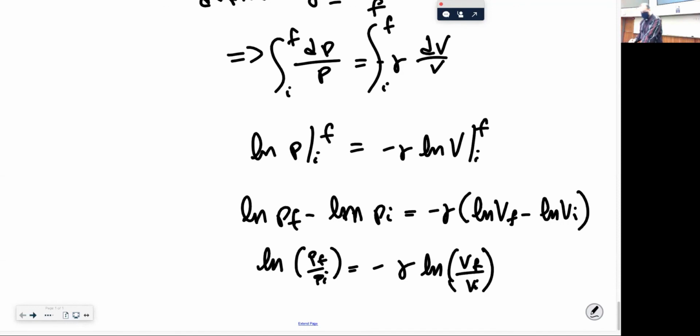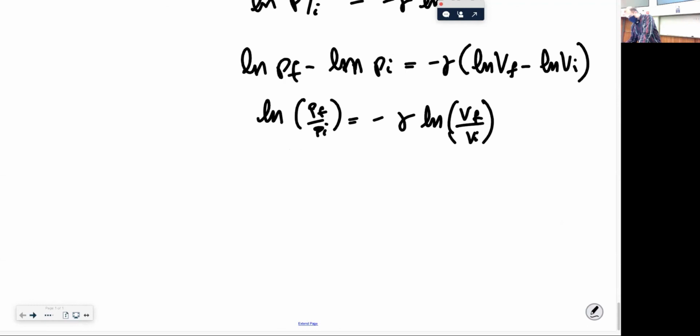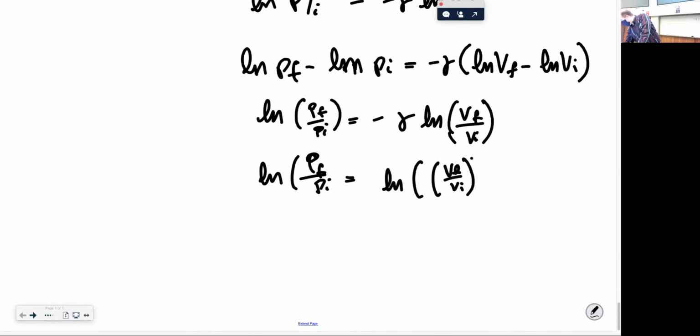The magic of logarithms. And if you have a multiplicative term in front of your logarithm, you can move that inside your logarithm as an exponent. So we can make this ln of pf over pi equal to ln of vf over vi, quantity to the negative gamma.